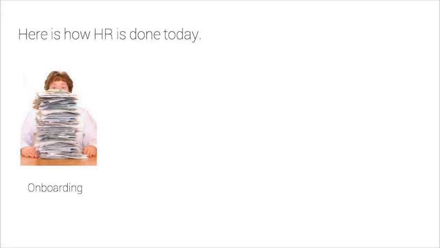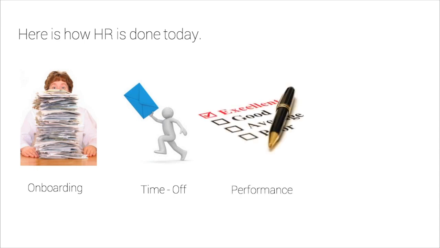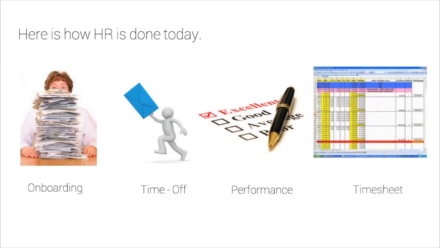HR activities are still sometimes traditionally managed. We use paper forms for onboarding. We still send emails back and forth for time off and leave applications. And we still use manual methods and Excel sheets for performance and for our timesheets. Now, think about it.